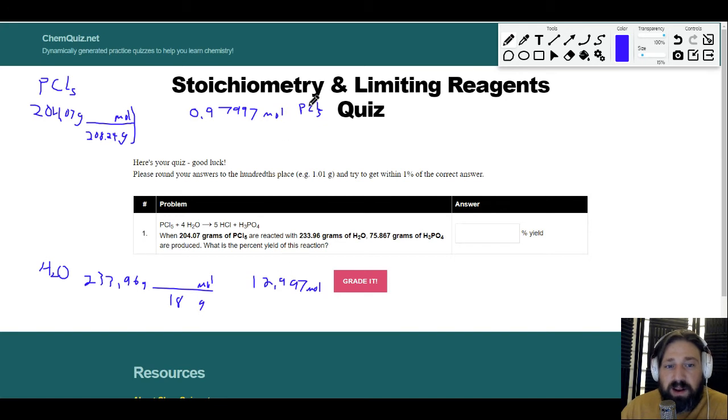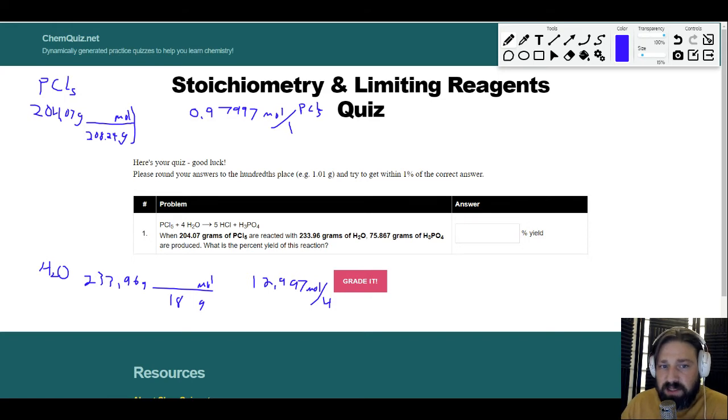So we can tell right off the bat that we definitely have a lot more moles of water. But also remember that we have to divide these by the coefficients to see which one's going to run out first. And when we do that, just looking at it, I can tell water is still going to be in excess.